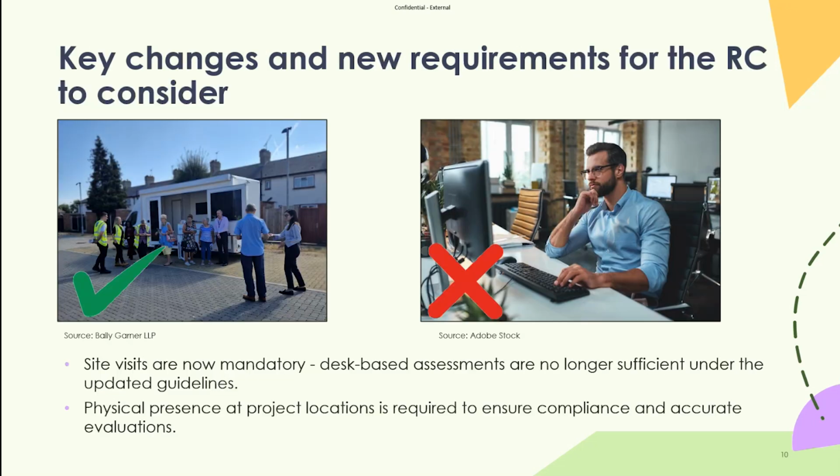So just some of the changes in relation to the requirements of the retrofit coordinator. As I'm sure many of you are aware, there was a new version of the PAS standard that was released in 2023, and that came into force this year. And that created various changes to many different components of the standard. So it removed the risk pathway procedure, altered some qualification requirements, created the requirements around airtightness strategies.